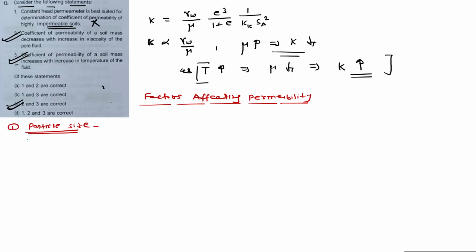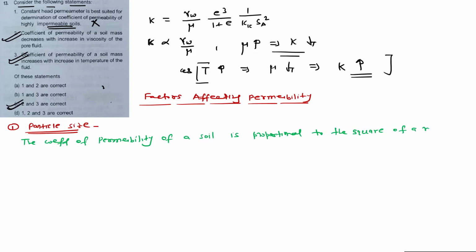The coefficient of permeability of a soil is proportional to the square of a representative particle size.